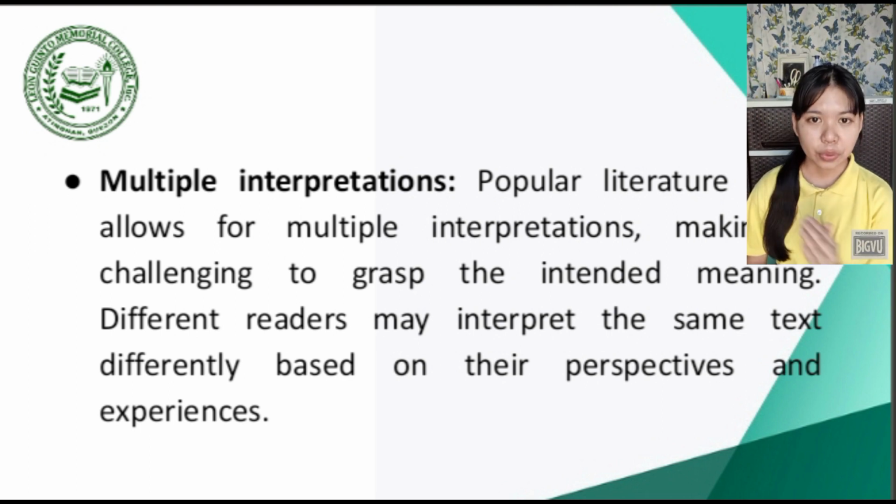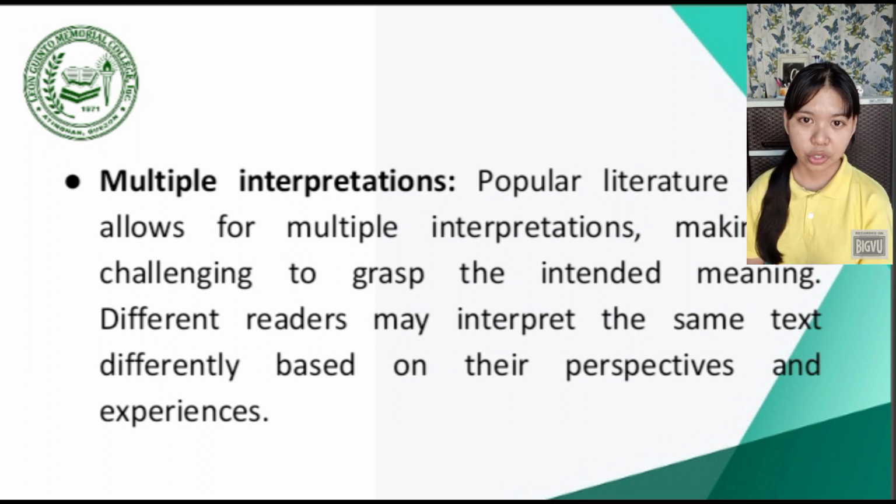This is because readers bring their own perspectives and experiences to the text, which can influence how they understand and interpret it. So as a result of this, there may not be a single right interpretation of the text, making it challenging to determine the author's intended meaning.